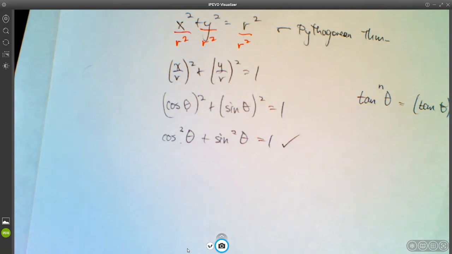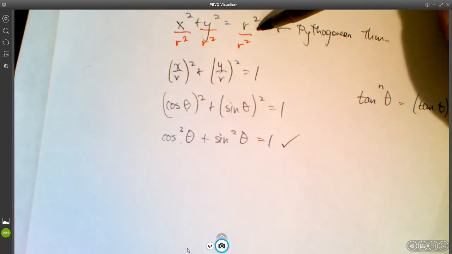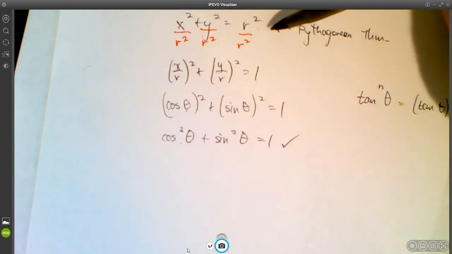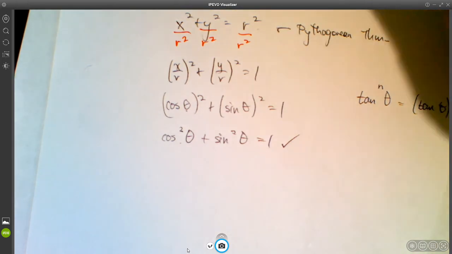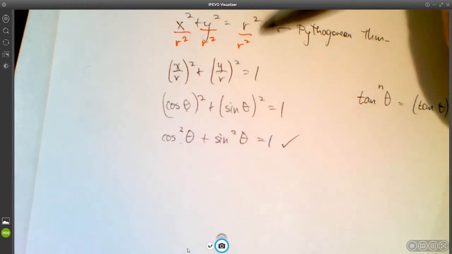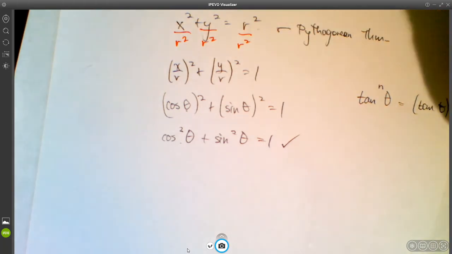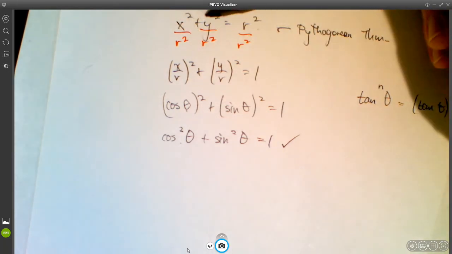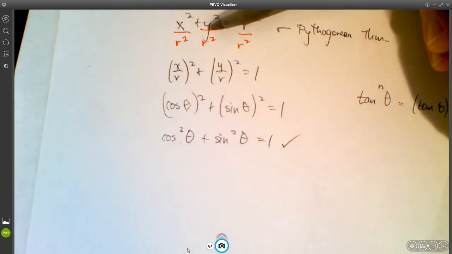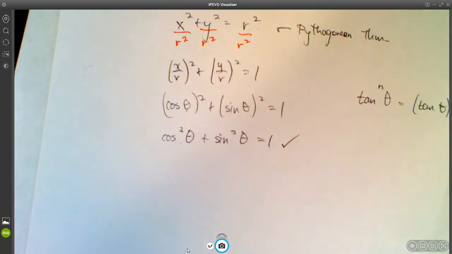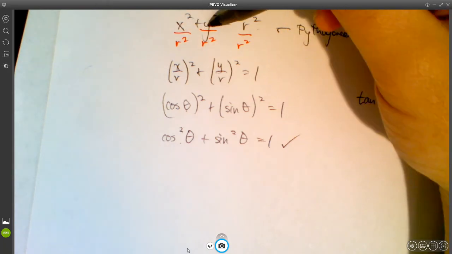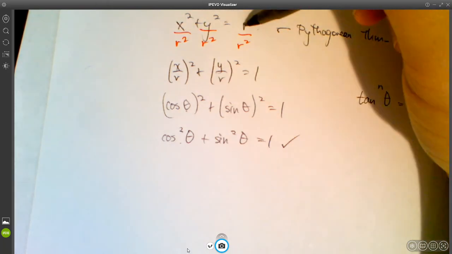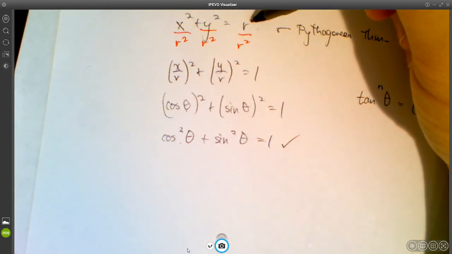You can see how you would get the rest of them. You always start with the Pythagorean theorem, x squared plus y squared equals r squared, but then you can divide through by different quantities. If we divide through by x squared instead of r squared, we get 1 plus (y over x) squared. Y over x is tangent, so we get 1 plus tangent squared equals (r over x) squared.